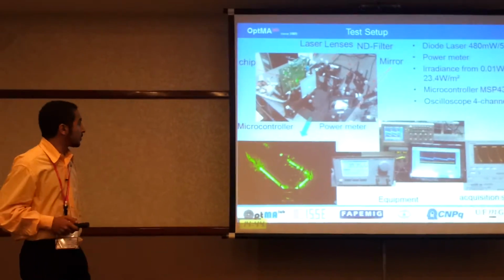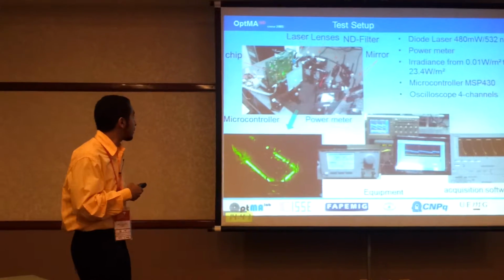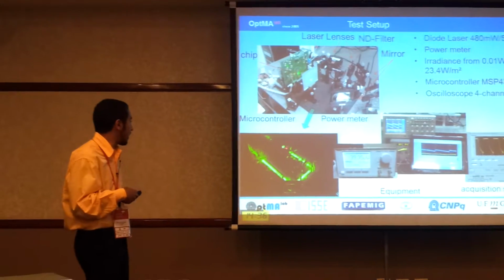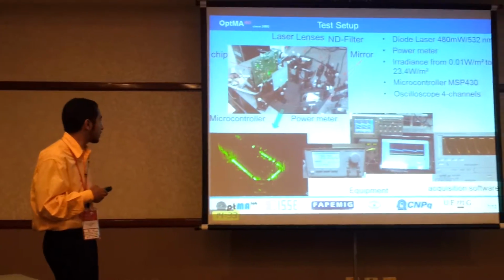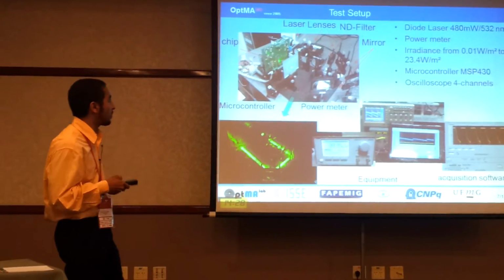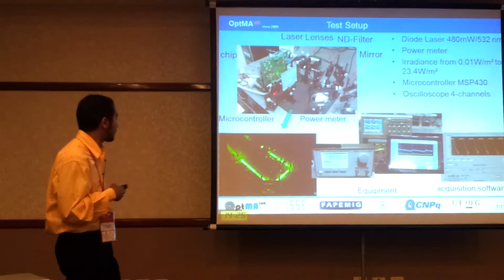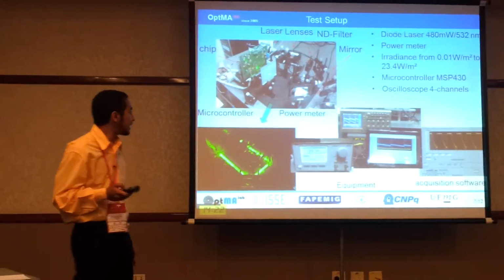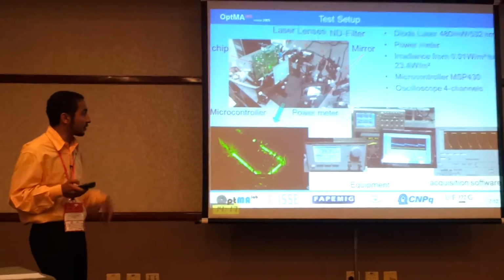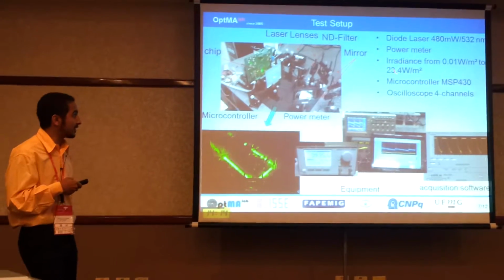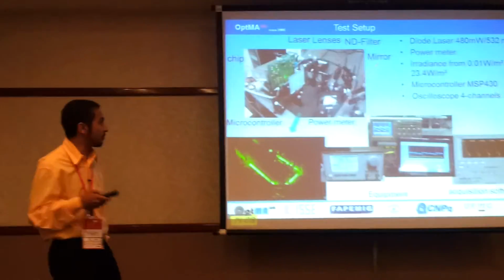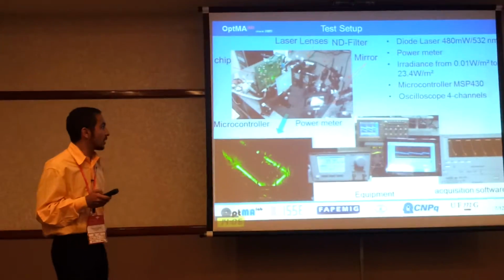The test was performed on a setup made with a laser and some lenses and mirrors that guide and create a homogeneous spot over the photodetector. The incident light was measured with a power meter placed in front of the photodetector, and it was changed with a neutral density filter, with irradiance ranging from 0.01 watts per square meter to 23.4 watts per square meter.